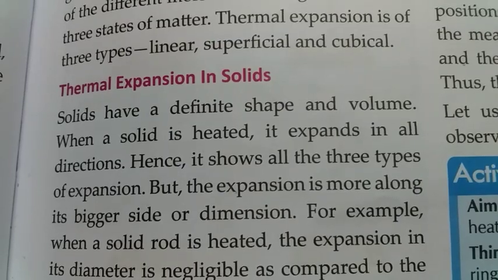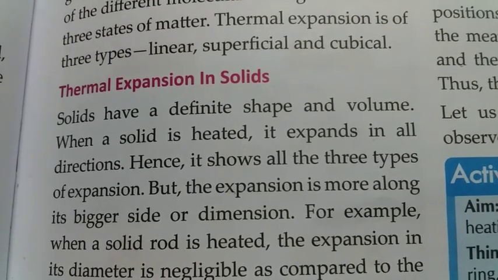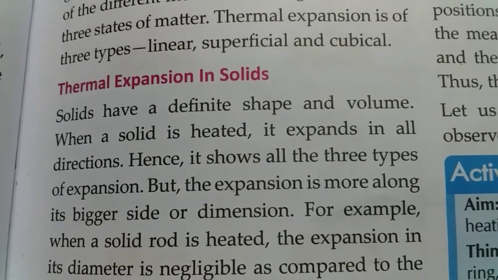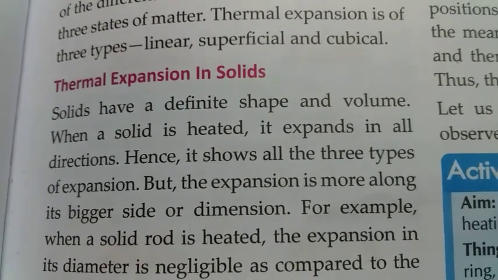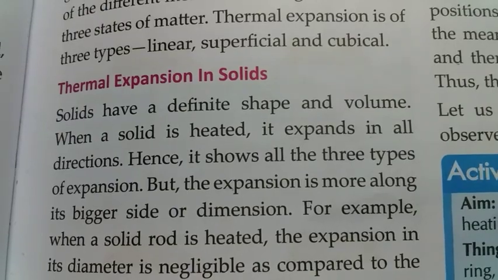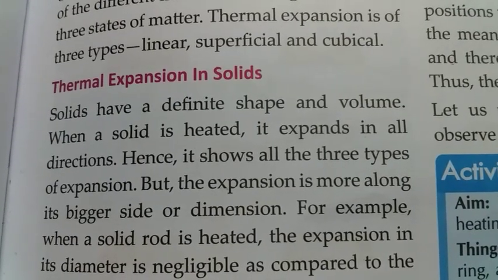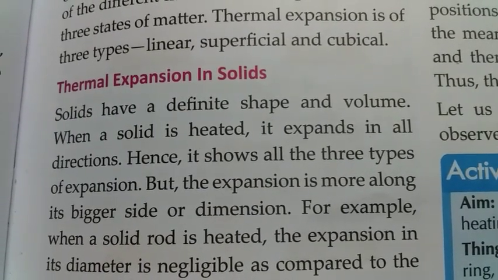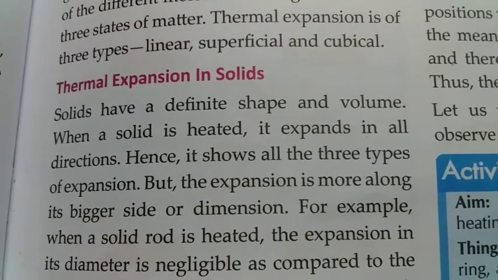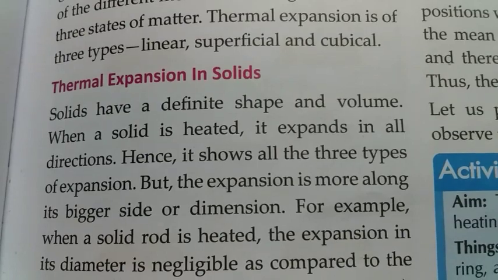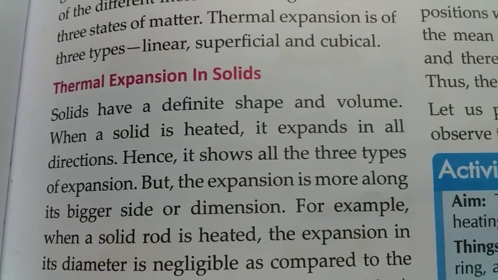So, when a solid is heated, it expands in all directions. Hence, it shows all types of expansion. As it expands in all the directions, so it shows all three types of expansion: linear, superficial, and cubical. But the expansion is more along its bigger side or dimension.